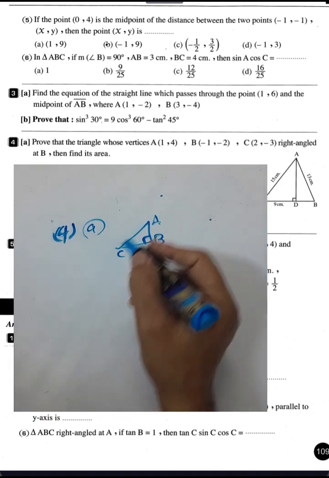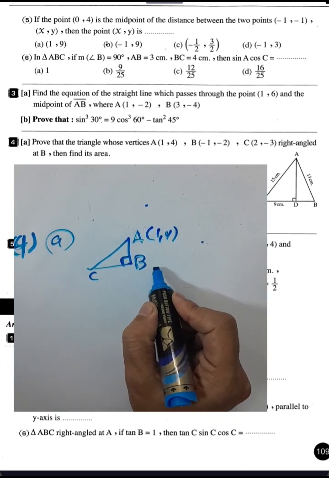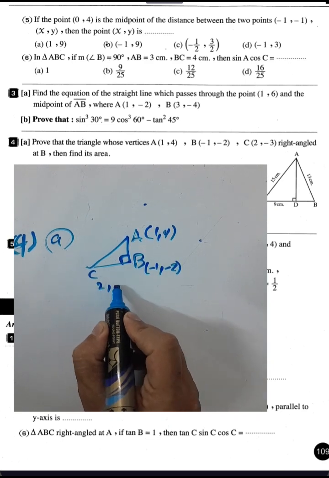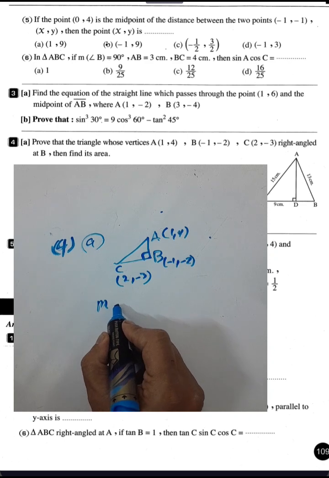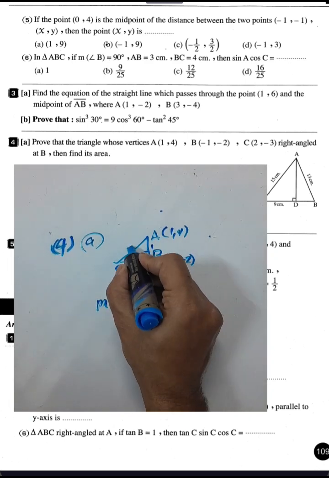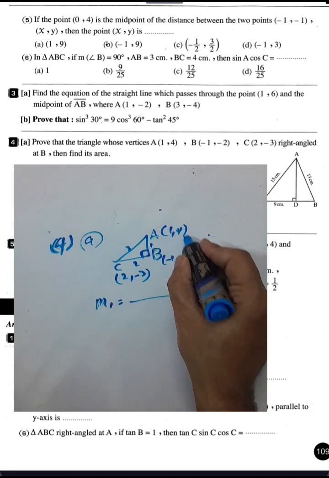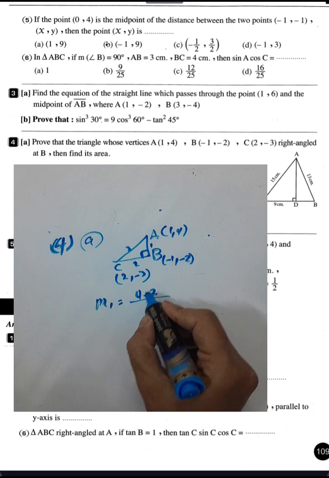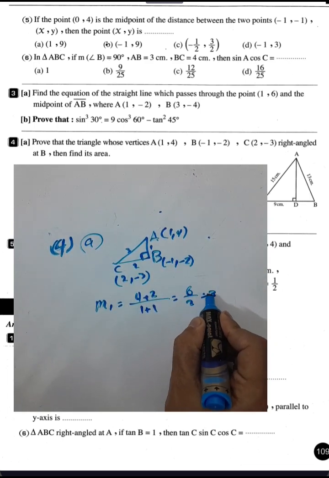We have point A (1, 4), B (-1, -2), and point C (2, -3). We can find the slope of AB: y2 minus y1, 4 minus -2 which is 4 plus 2, over 1 minus -1, which is 1 plus 1. The result will be 6 over 2, which is 3.